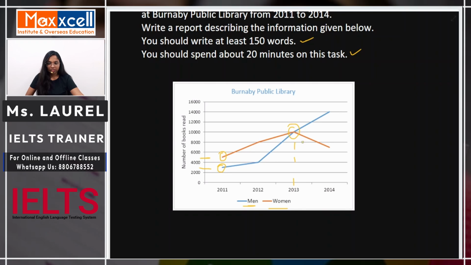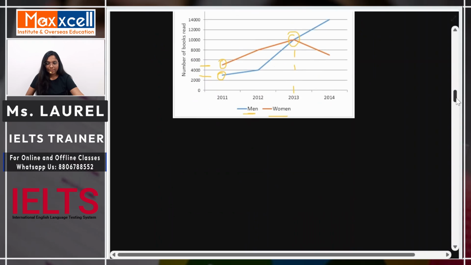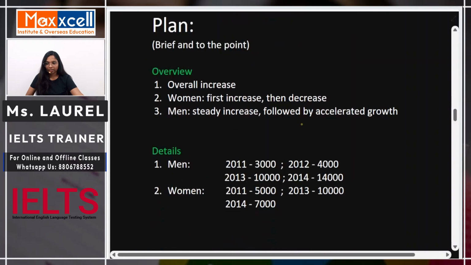In 2013 we can see that both of them are coincident, and we can say something like both of them had the same number of books read. Then men overtook women, whereas women declined. So these will be the main points, and we can write them here.